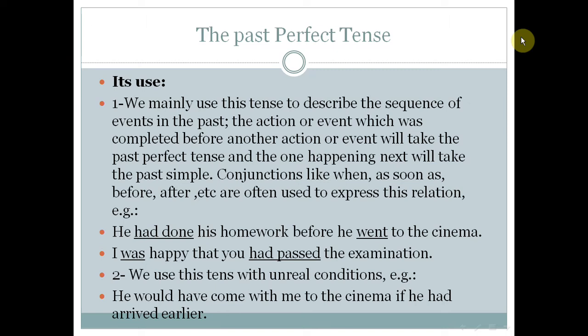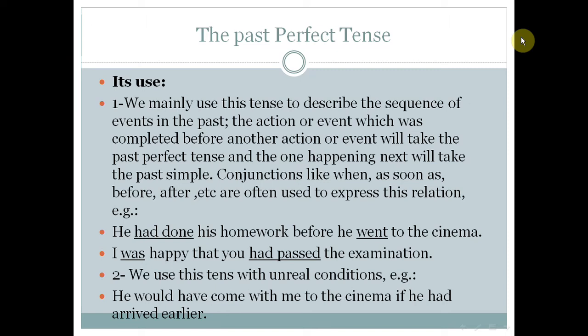Here we have examples. He had done his homework before he went to the cinema. So an earlier action, that he had done his homework. Be careful that the two actions are in the past tense. But the first one, the earlier action, should be in the past perfect.